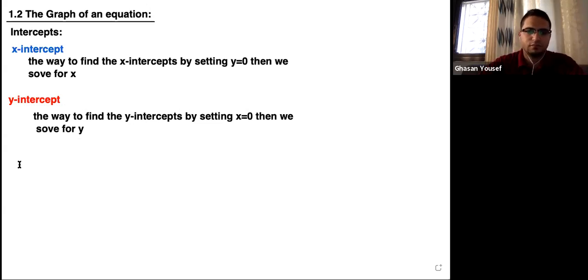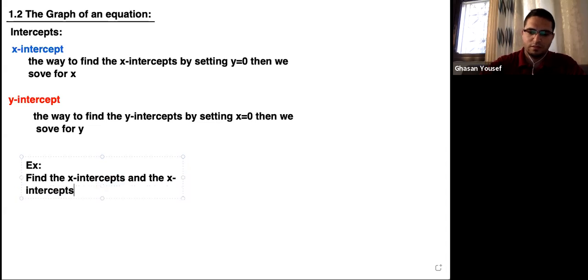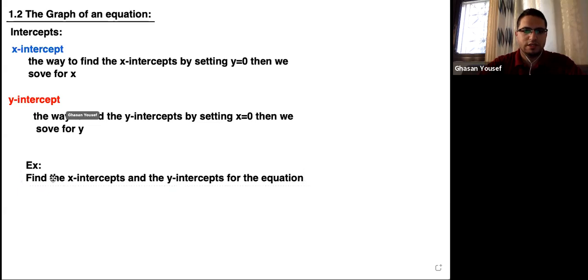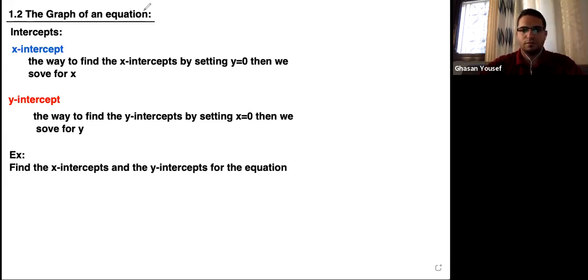So here we have an example: find the x-intercepts and the y-intercept for the equation y equals x squared minus 2.